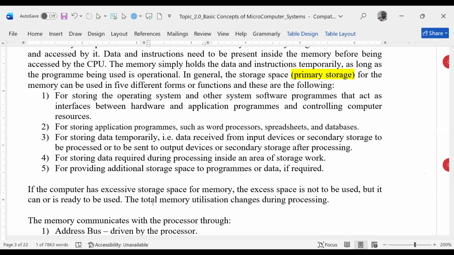The next function of the memory storage provides space for application programs to be loaded or to be used. Before you can work with the internet, Excel, CorelDRAW, WhatsApp, the memory provides space for this application program, which by default is stored on the hard disk, to be loaded into executable form for you.